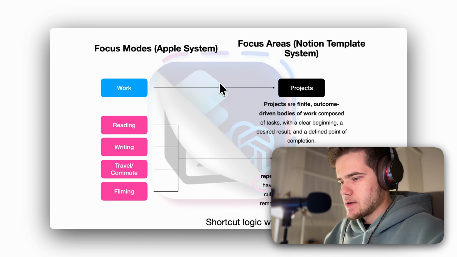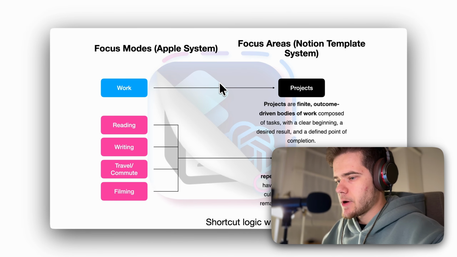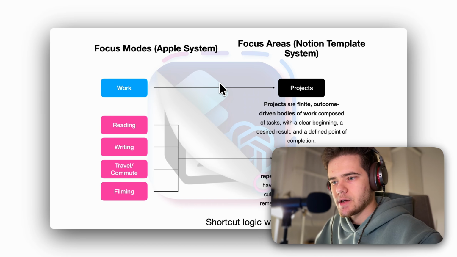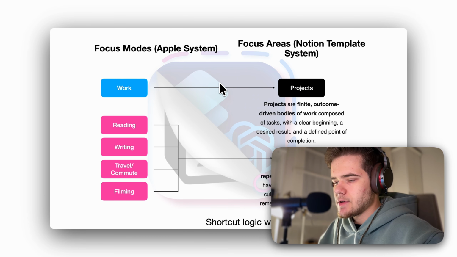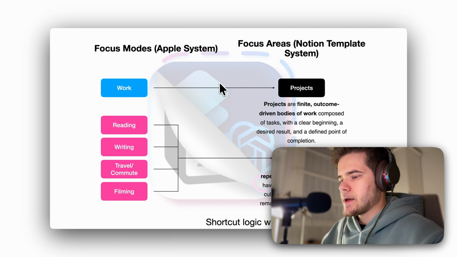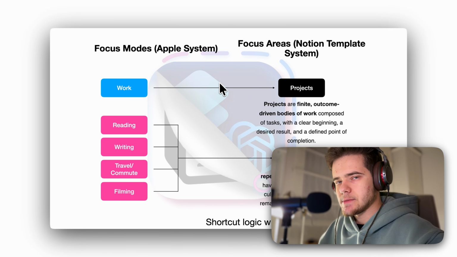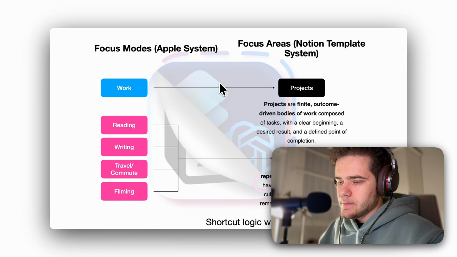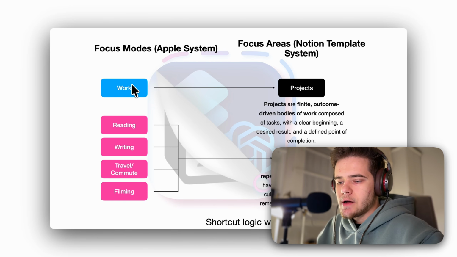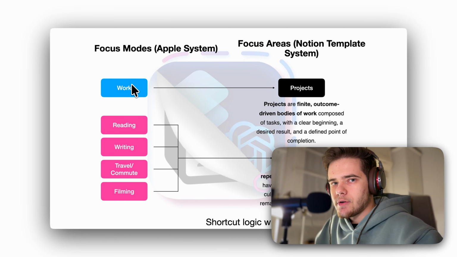This is the focus mode and focus area oriented time tracking flow. As you see here on the slide I made, we've got focus modes, the Apple system, and focus areas, the Notion template system. This time around, I wanted to include deeper into the flow the focus mode that Apple has made and integrated into their OS. These are different focus modes that you have specific for different areas of your life.